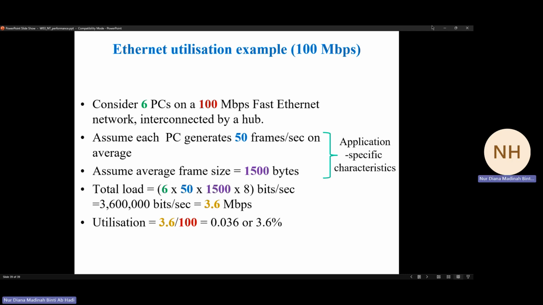Then you need to assume that each of your PCs will generate 50 frames per second on average. So your average frame size would be 1500 bytes. So total load is 6 times 50 times 1500 times 8. Okay, so you will get 3.6 Mbps. So utilization, you need 3.6 divided by your link, so you will get 3.6%. So far, do you have any questions?